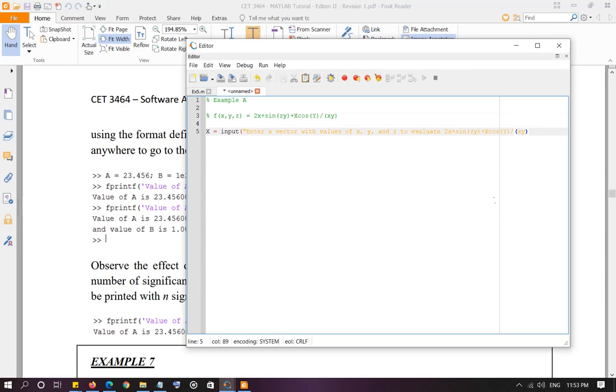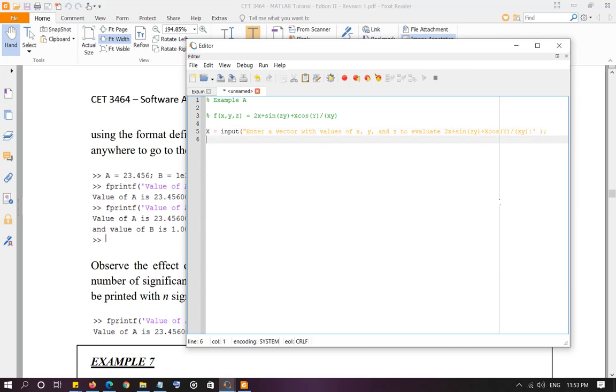We have to ask the user this question, and this is going to be inside apostrophes because this is the question I'm asking, and I'm gonna put a semicolon so it won't print what I'm asking the user.